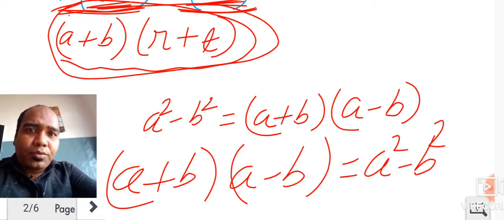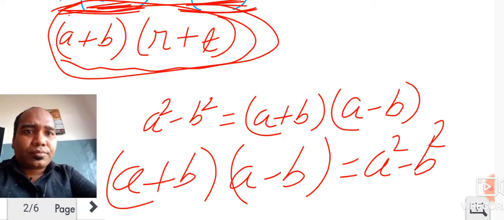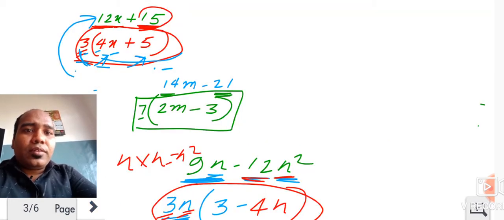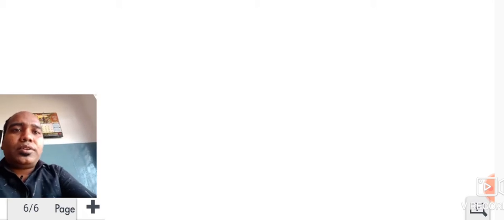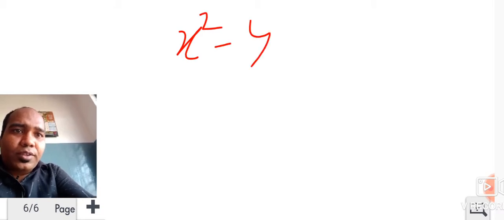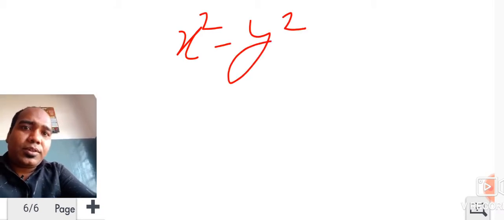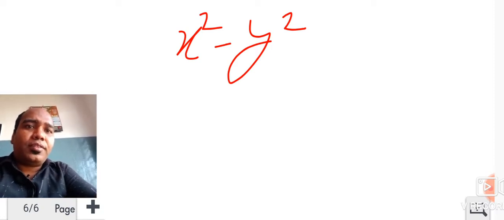Exercise questions, a few questions I am trying to make you understand here, then tomorrow we will do the exercise questions. Okay. Suppose a question will be there: x square minus y square. This is the question given to you, and you will be asked to factorize it.